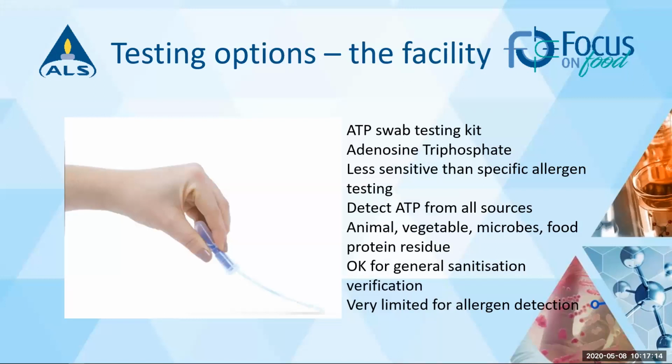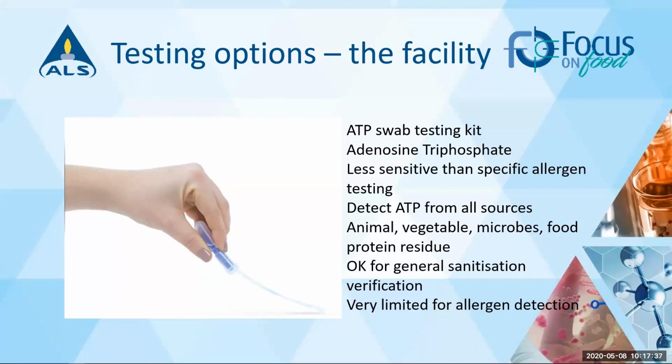For in-process or post-cleaning testing at your facility, there are 3 options if you wish to perform the testing in-house. Firstly, there are ATP swabs. They're the most basic. Some of you may use them for post-cleaning verification, sanitization effectiveness. Basically, these swabs pick up traces of ATP, which is adenosine triphosphate.